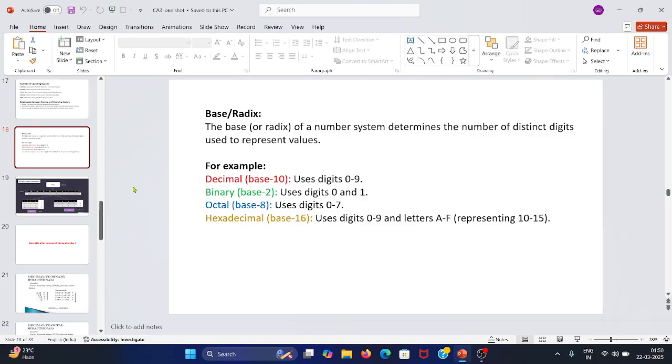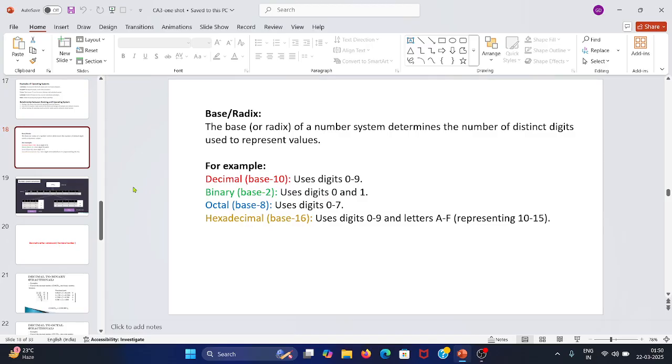It uses digits starting from 0 to 7 to represent that type of number. And in case of hexadecimal, the base is 16, so it actually uses 0 to 15.